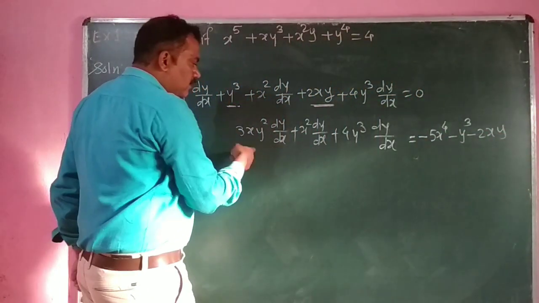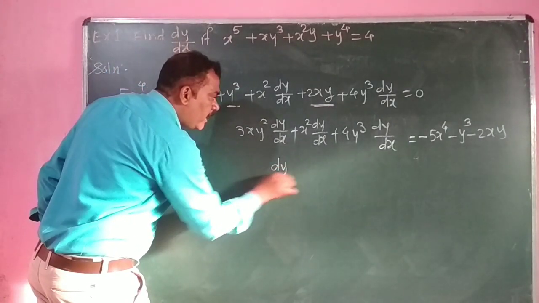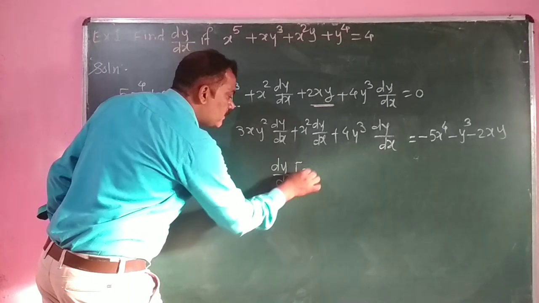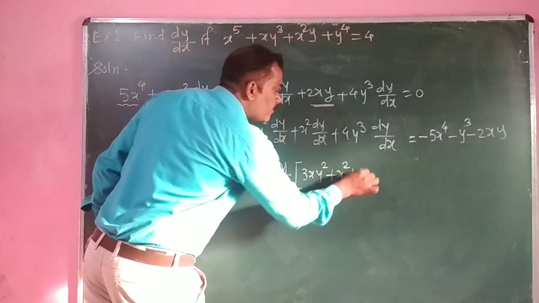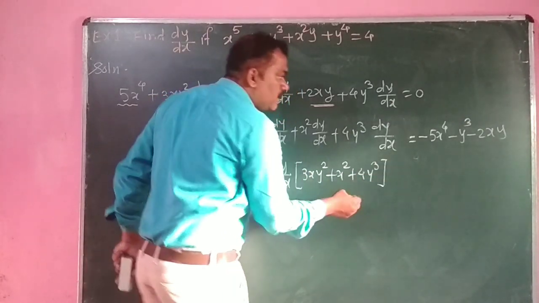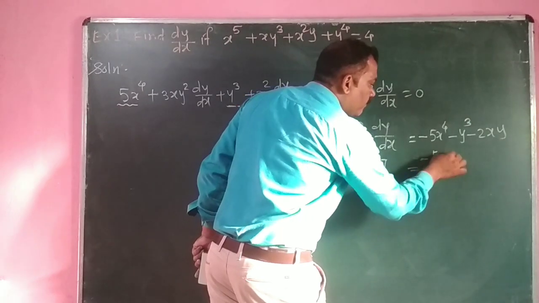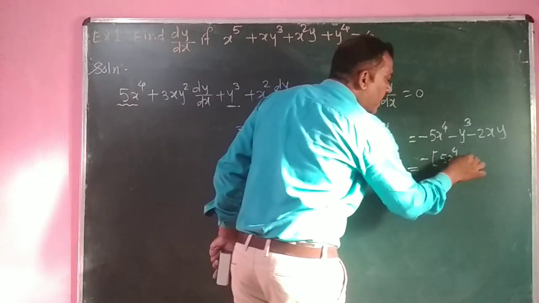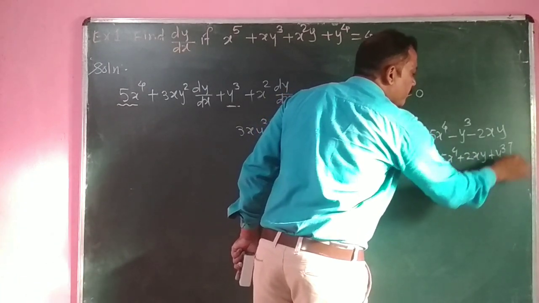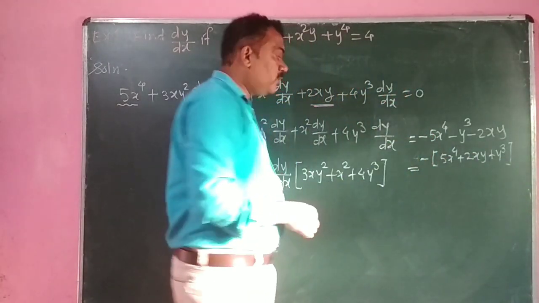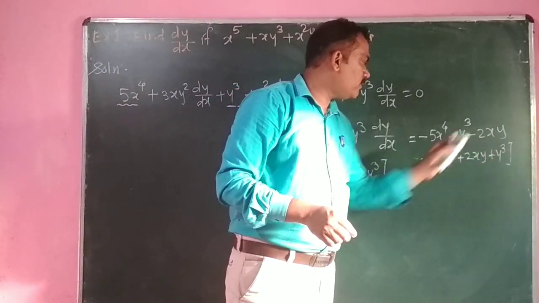From this we have to take the dy by dx common, so that we write dy by dx into bracket 3x y square plus x square plus 4y cube is equal to, here we have to take the minus common, so that we can write 5 times x raised to 4 plus 2xy plus y cube. Minus sign we have to take common, 5 times x raised to 4 plus twice xy plus y cube.